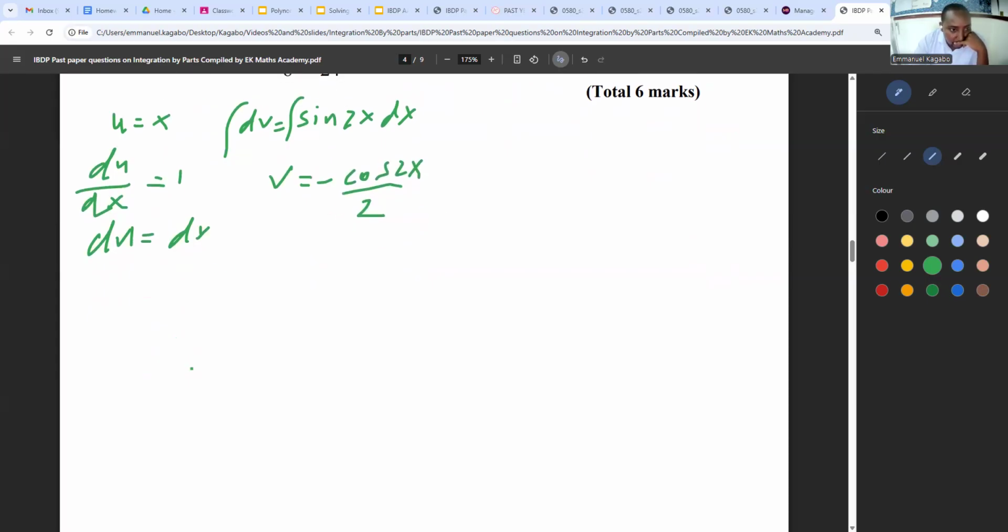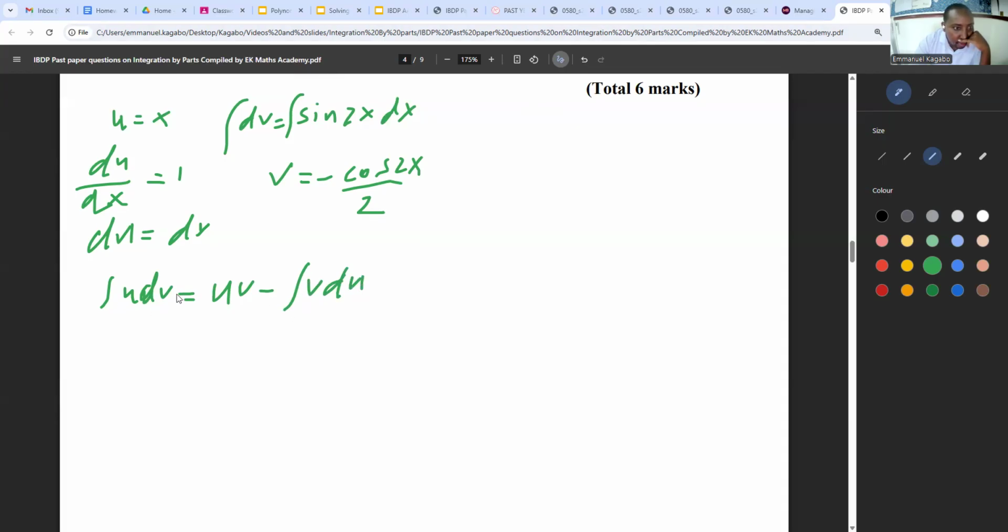Now, can I apply my formula now? Integration of u dv is equal to uv minus integration of v du. Now, what's my u?